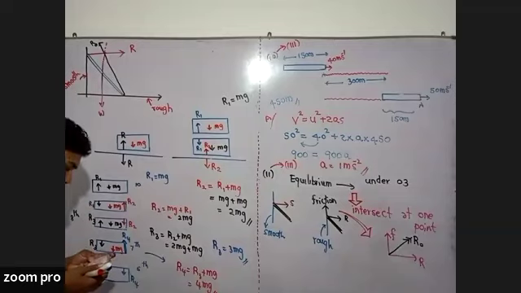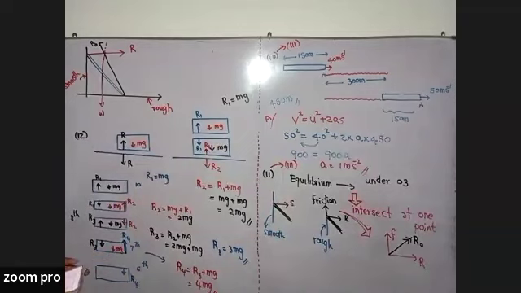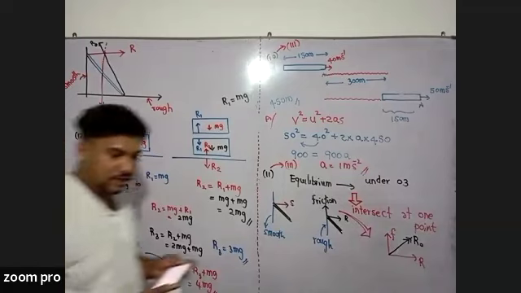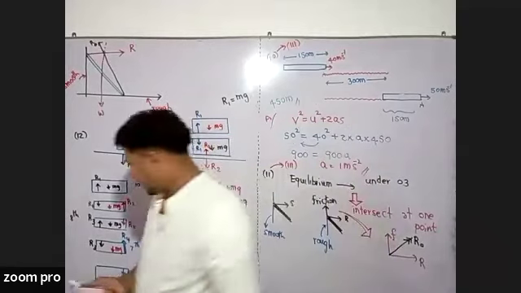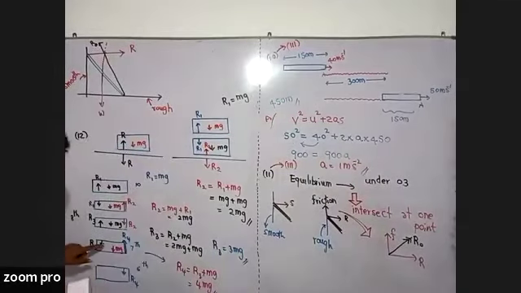Is it incorrect? Sorry, I made a mistake. They are considering the 7th coin, right? So the force exerted on the 7th coin from the 8th coin is R3, and R3 should be equal to 3mg. So the second statement should be correct. So the second answer can be considered as the answer.